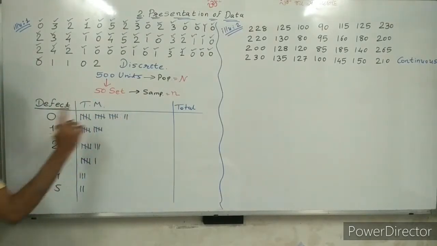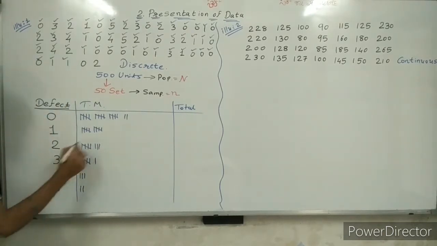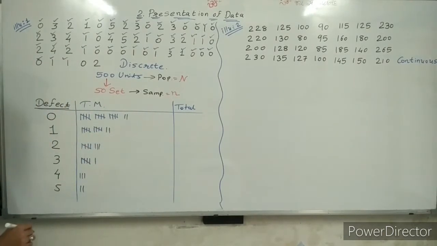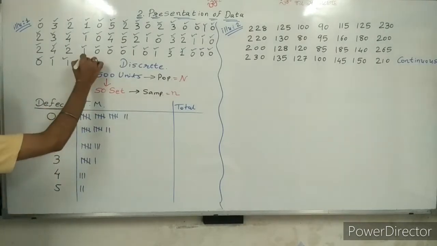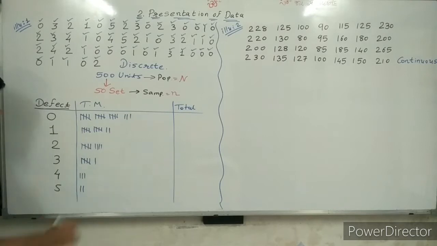Again 0, no defect, 0 means no defect. 1 appears 2 times, so 2 tally marks against 1. Then 0 and 2, so 0 and 2, that's it.